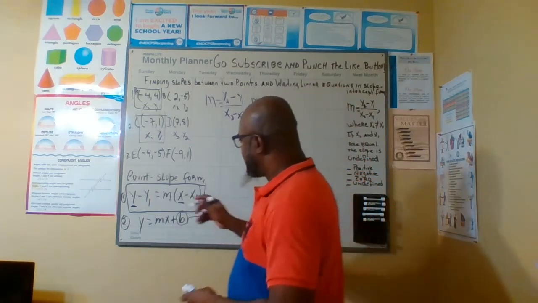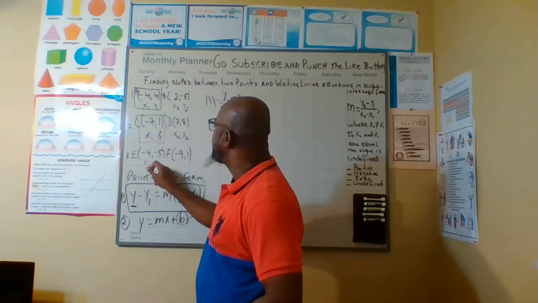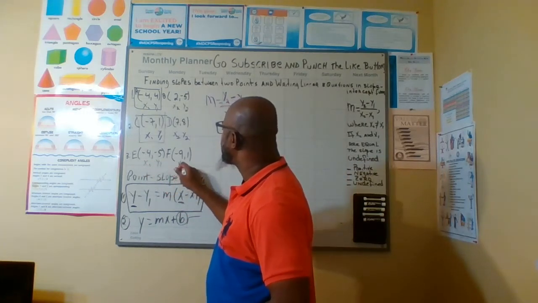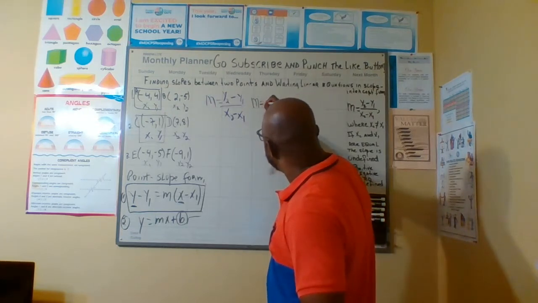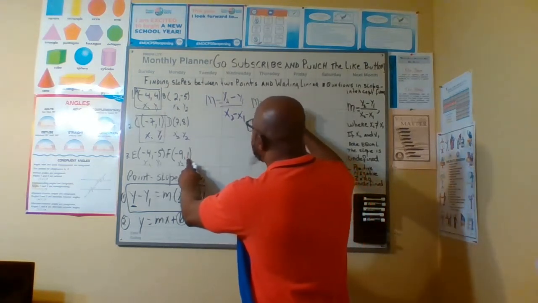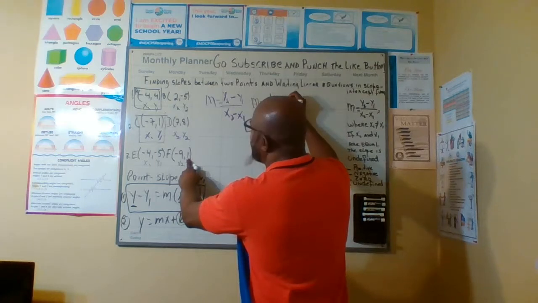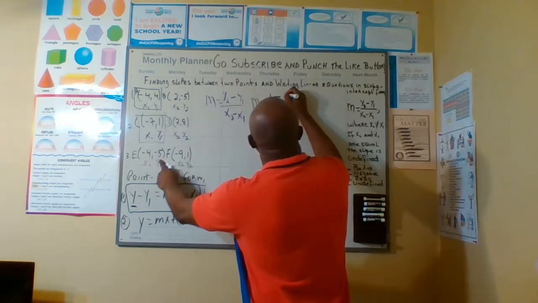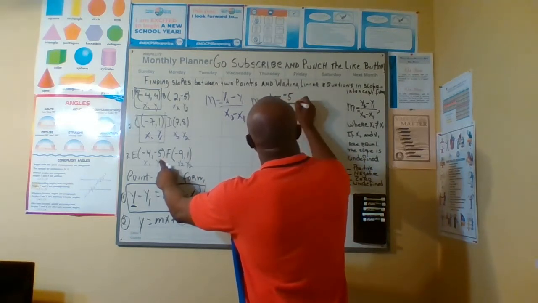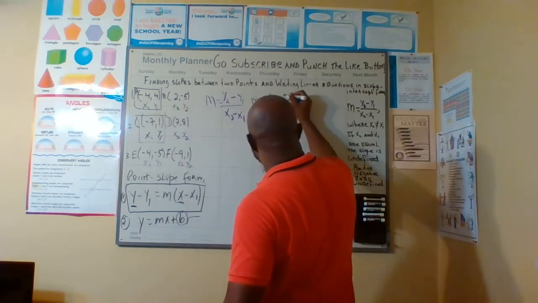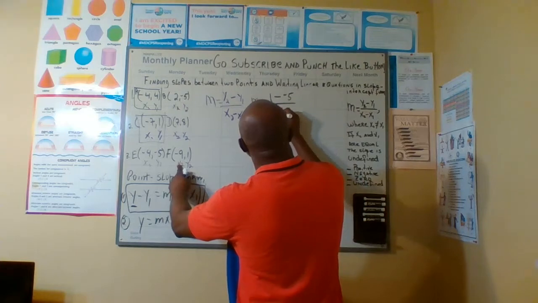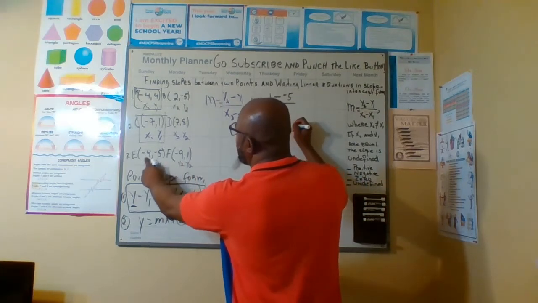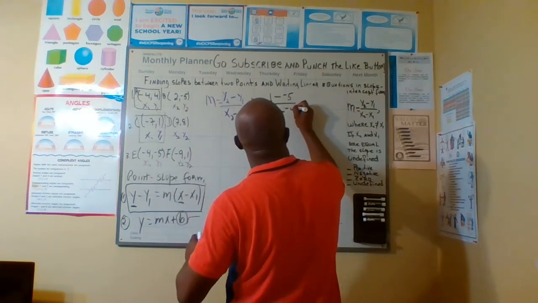All right, let's find the slope. This is x1, y1, x2, y2. Remember this will be m equal my y2 is 1 minus 5. All right. Remember this part of the formula, and 5 itself is negative. X2 is -9 minus 4.